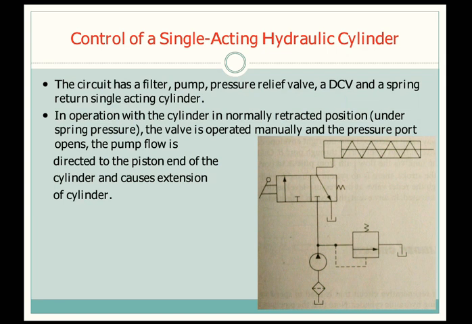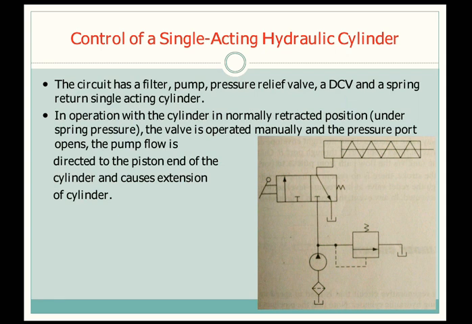When the piston has completely moved in the forward direction, the second circuit diagram comes into the picture. The oil which was pressurized in the piston end moves back to the sump, as shown in the figure, and the pressure line is disconnected.